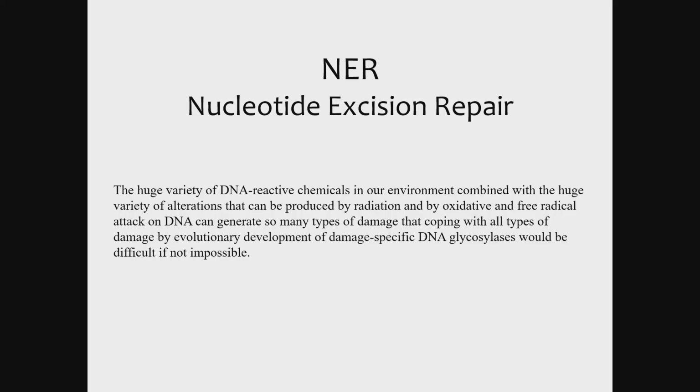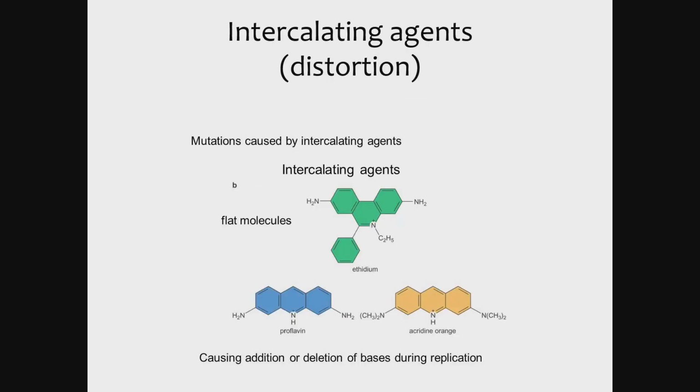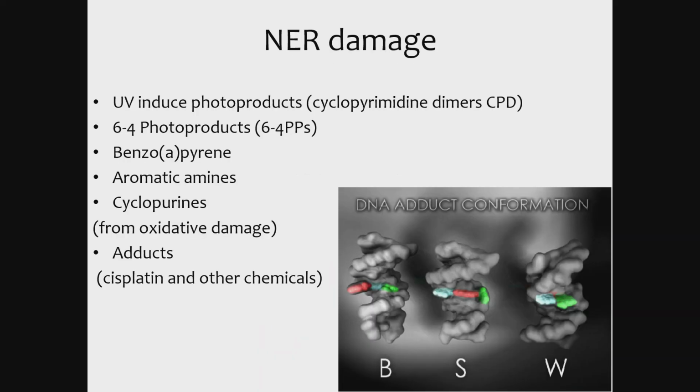The second system is called NER, Nucleotide Excision Repair. And this will recognize not a single base that is wrong, but some bulky adduct, something that looks weird in the DNA, like intercalating agents, for example, that generate more space or change the looping of the DNA. They can recognize also photoproducts.